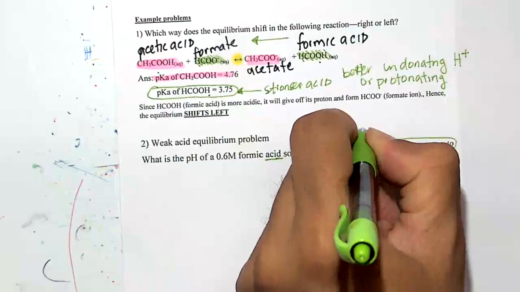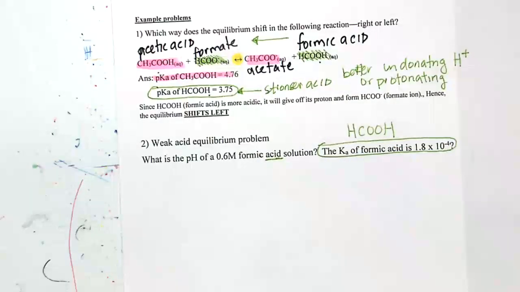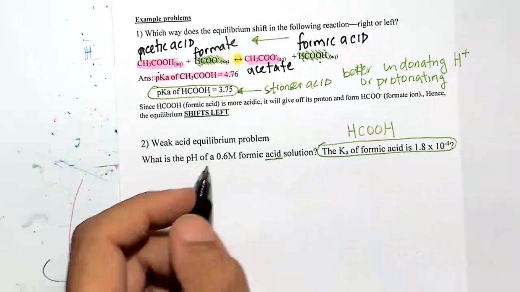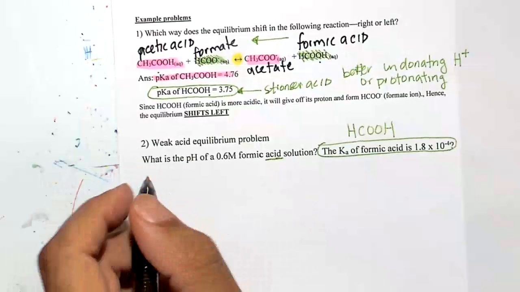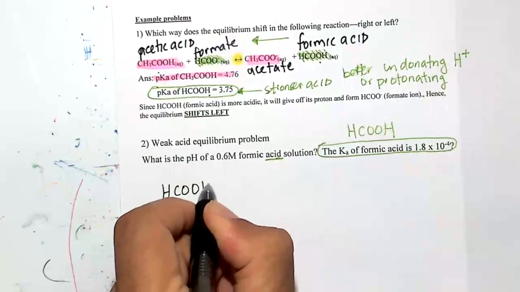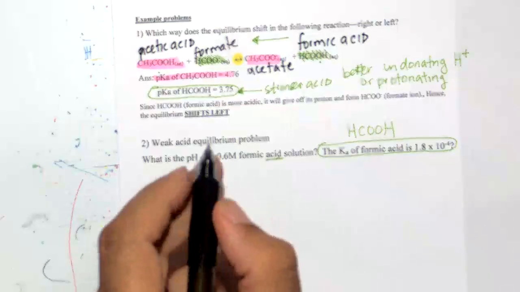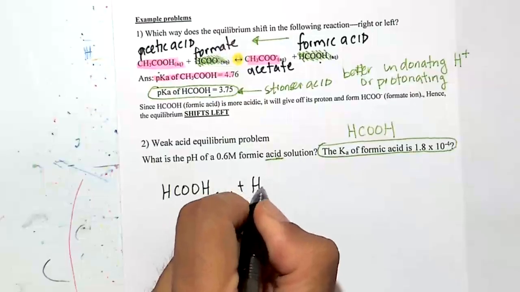Right, I'll give you the formula for formic acid. It's HCOOH. Okay, I'll give you that on the exam. All right, so once I give you the formula, once you can identify it as a weak acid, this is something you need to do, and that is write the reaction. So this is the reaction.